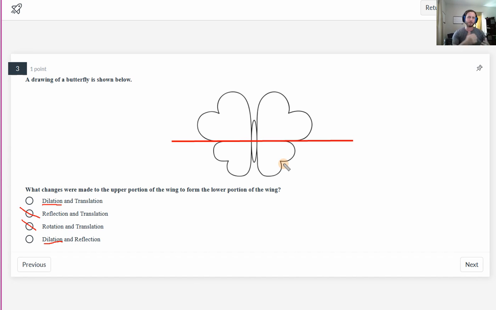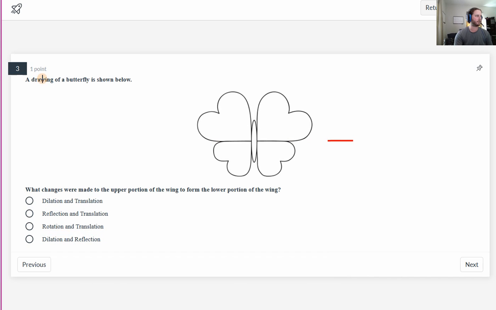That shape will still be facing the same direction. A reflection, however, if you can kind of picture this shape acting like a mirror for that red line, that it's being shrunk and then reflected across that red line, you can see where that would come from. This is a dilation and reflection for this problem.